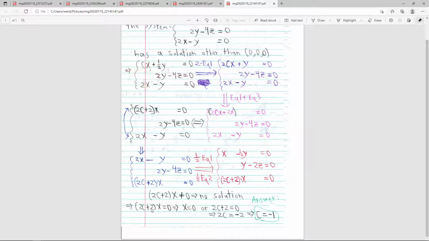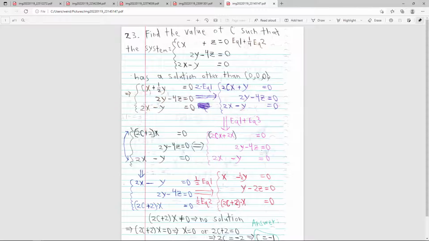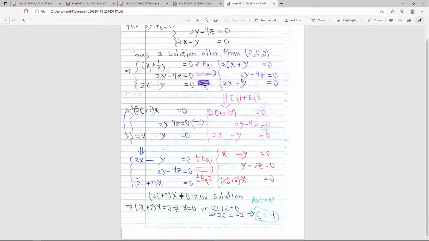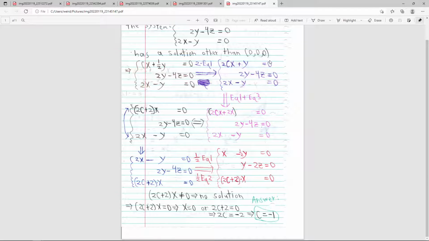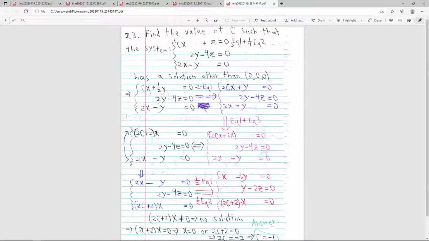So you have 2c plus 2 times x equals 0 means that x equals 0, which is one solution where everything becomes 0, essentially. Yeah, everything is equal to 0, so x equals 0, y equals 0, z equals 0, which is the one solution that it does not want. It wants another solution.